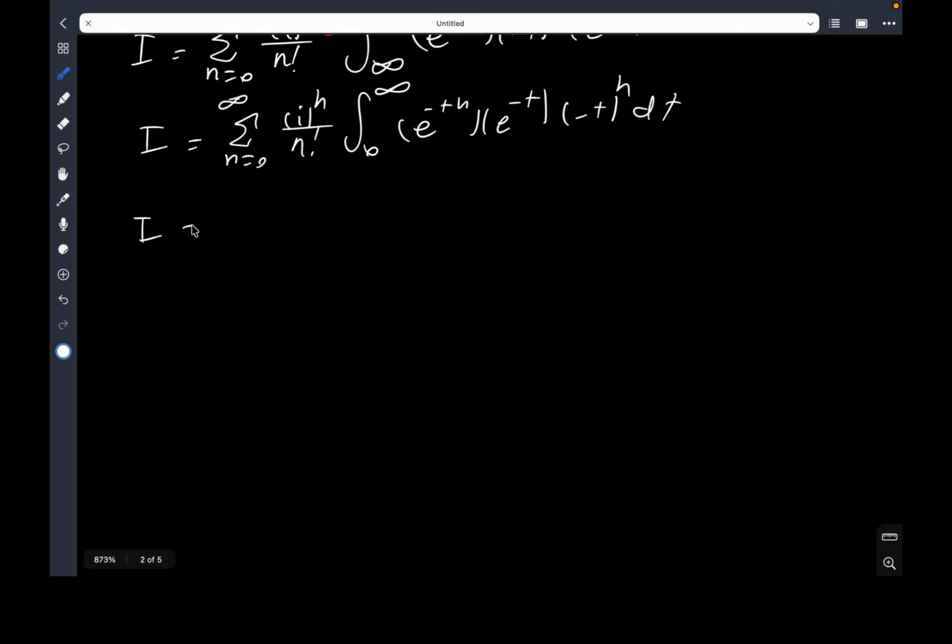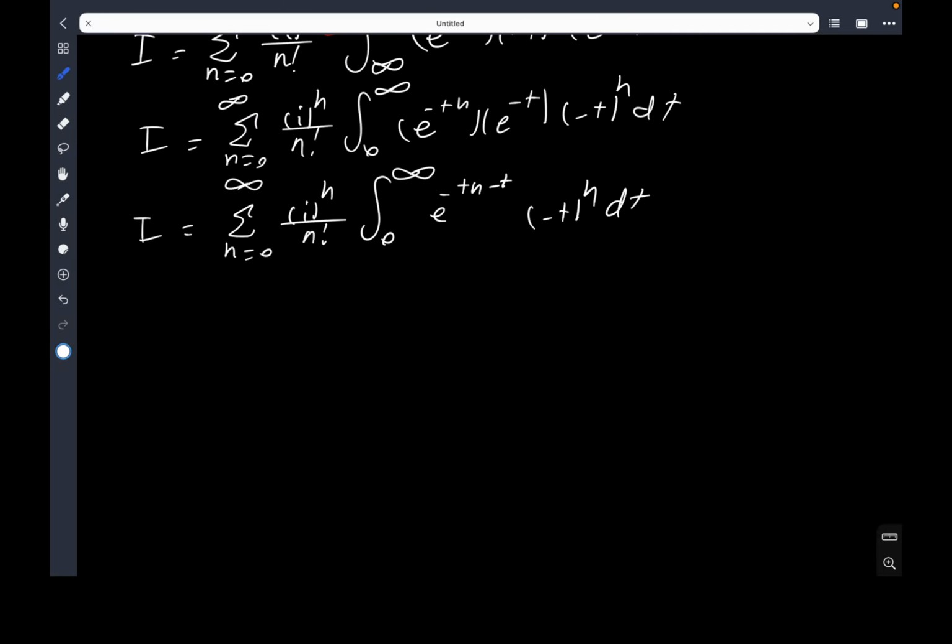Now, I can expand this a little bit further, simplify it. The integral from 0 to infinity is going to sum up, so negative tn minus t times negative t to the n dt.